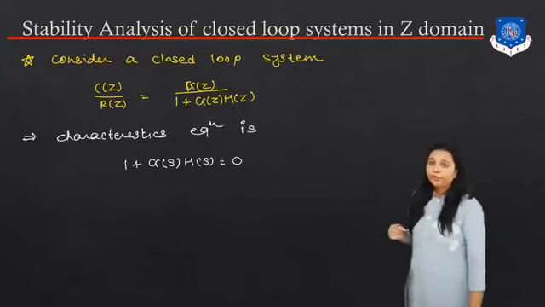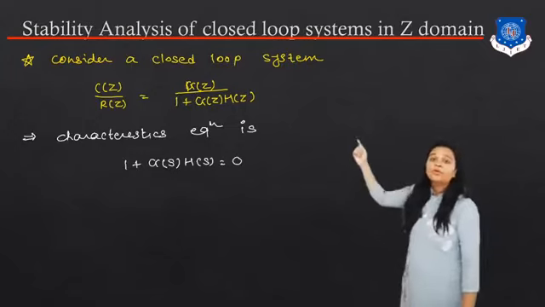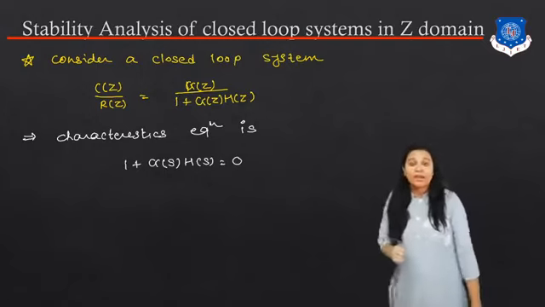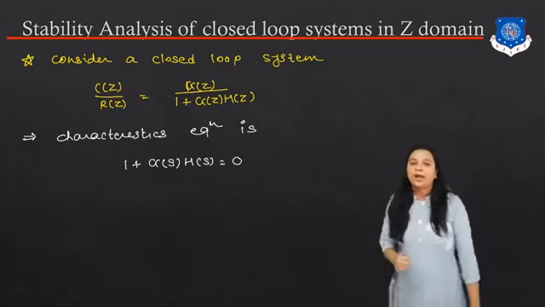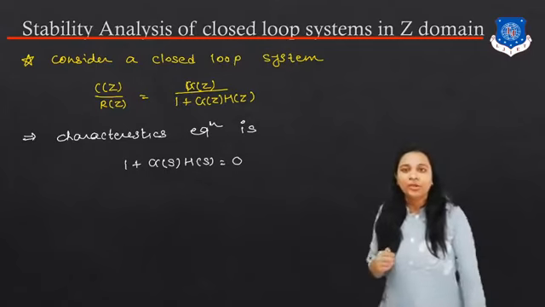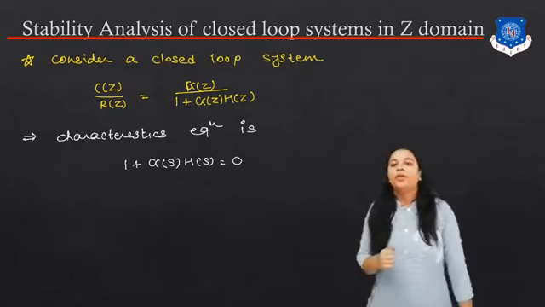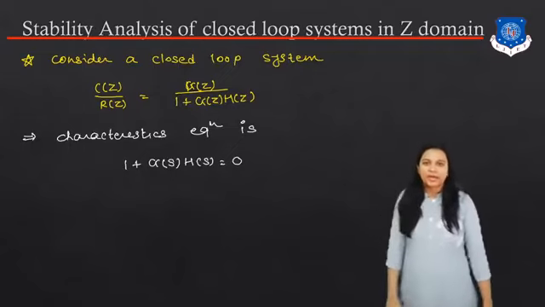All of you know we have considered a closed loop control system where the transfer function C(z)/R(z) is equal to G(z)/(1 + G(z)H(z)).